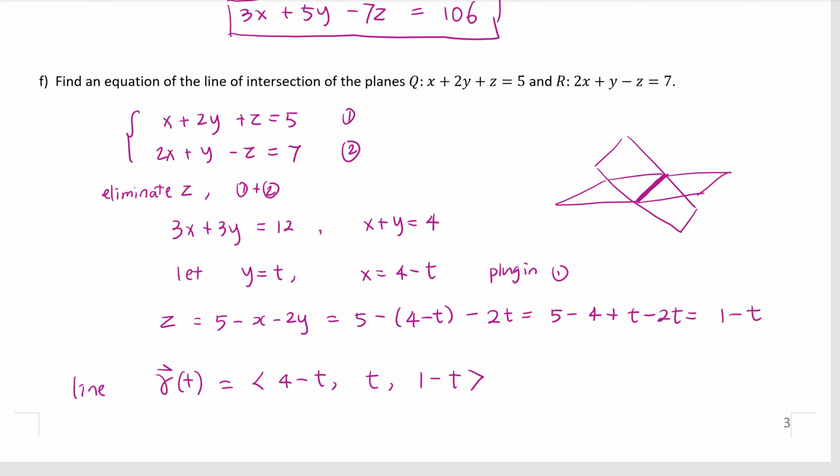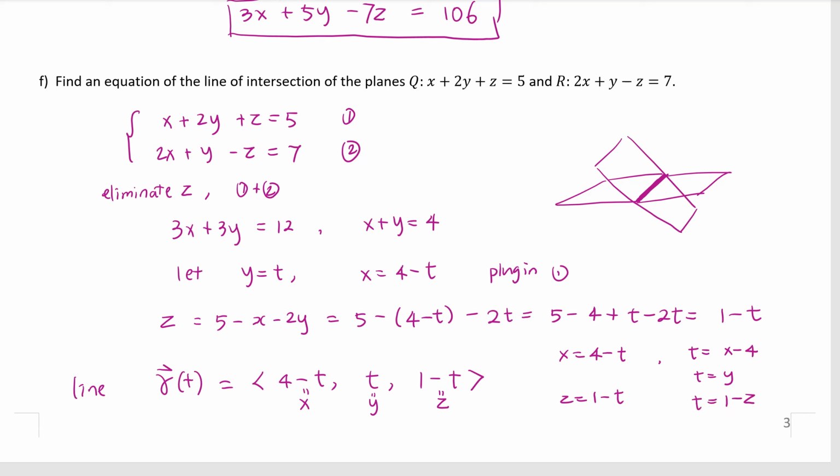If you really want the equation of the line without a t, you remember you can write x, y, z and solve for t. So x equals 4 minus t, then t equals 4 minus x... or rather, t equals x minus 4 as written; y equals t, so t equals y; and z is 1 minus t, so t is 1 minus z.